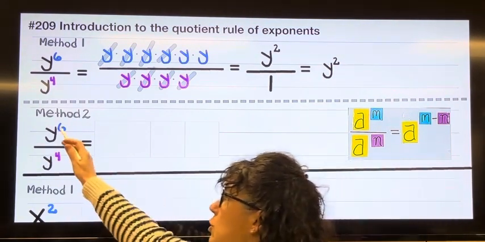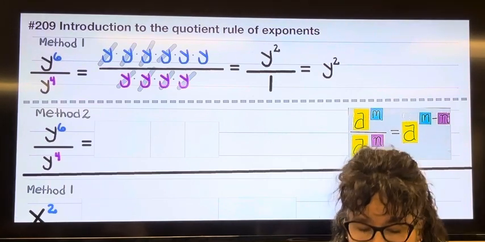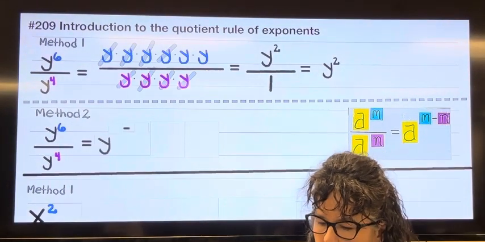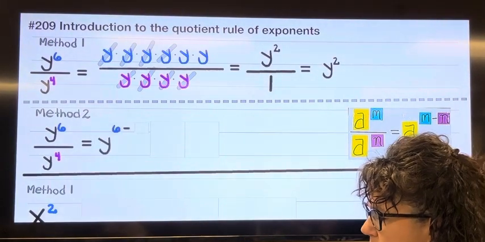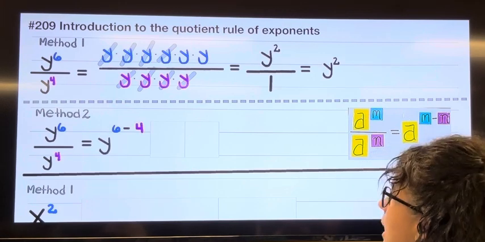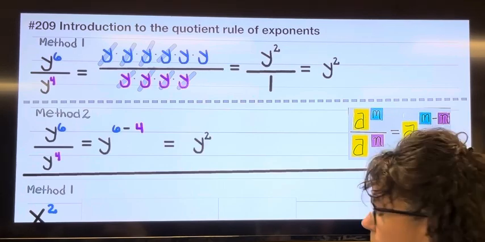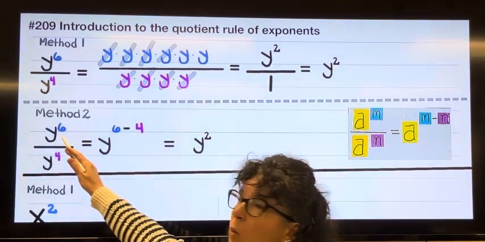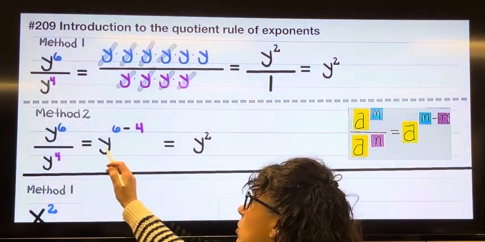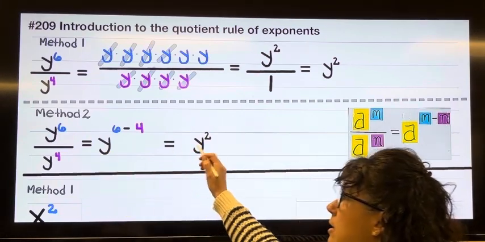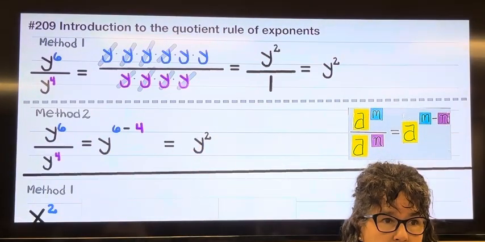So I will be subtracting 6 and 4. So 6 and 4, and I have this in my numerator, I end up with y squared because there were more y's in the top, so when I do the subtraction, the y squared is in the numerator.